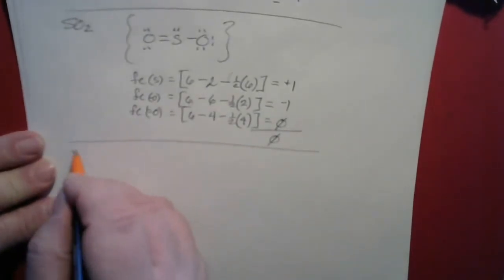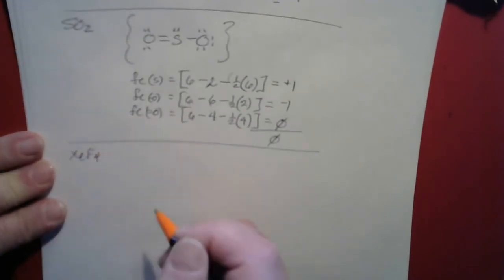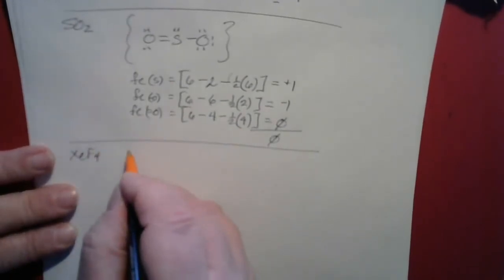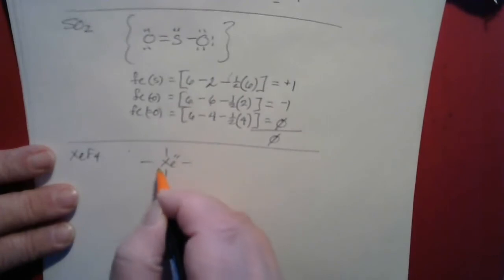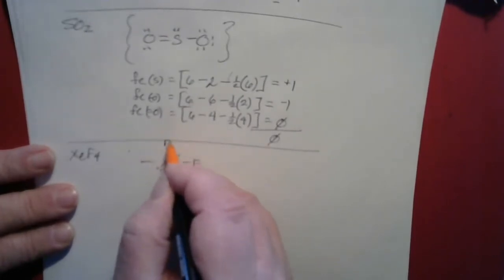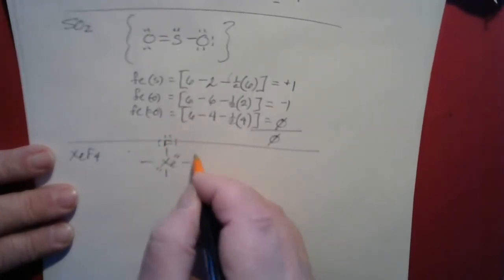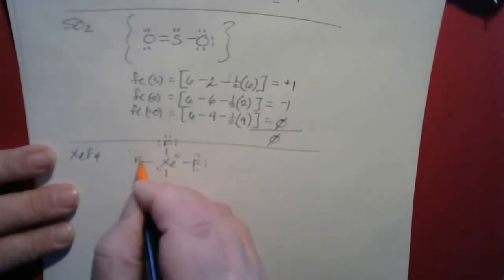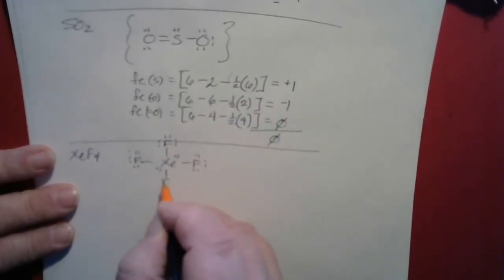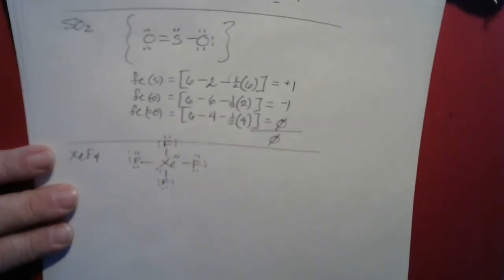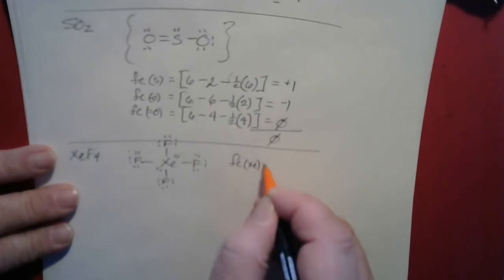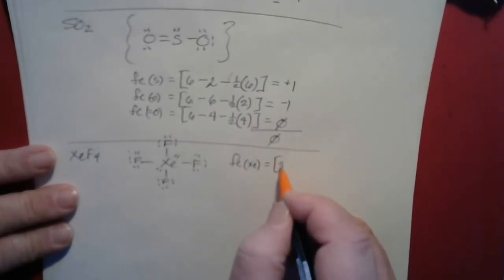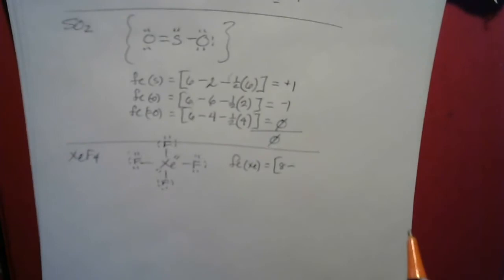Okay, and then XeF4, we've got the Lewis structure, Xe with the four F's, and then the lone pairs. Okay, so the formal charge on the xenon is going to be 8, because that's the normal number of valence electrons for xenon.